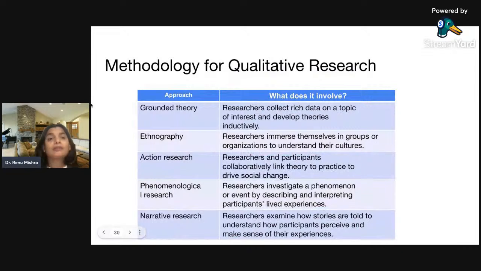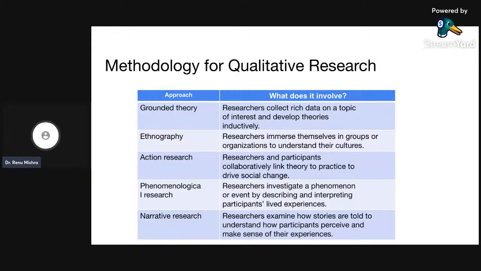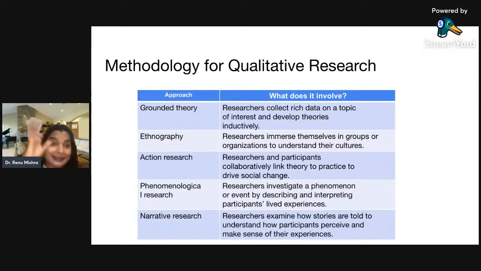Now let's talk about the methodology when you go for qualitative research design. By now, I'm sure you must have got an idea that when we are talking about qualitative research, we have data which is explanatory and detailed in nature, so its analysis has to be like that.